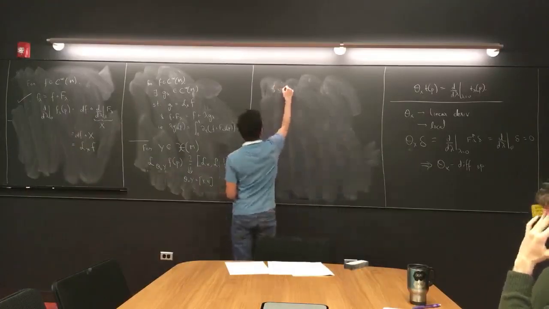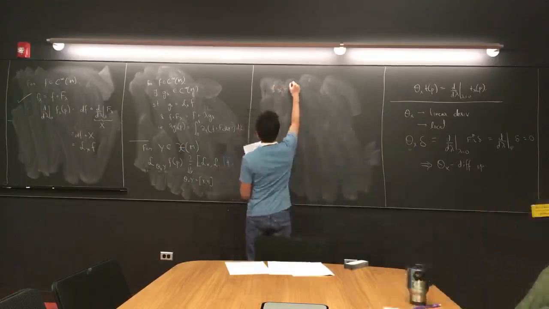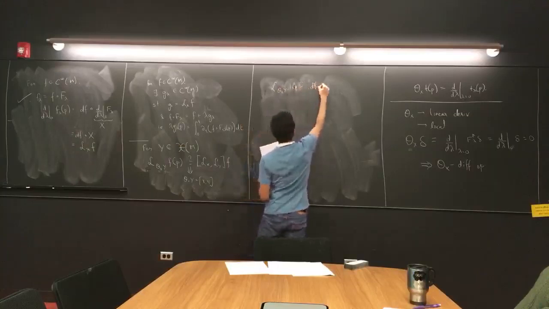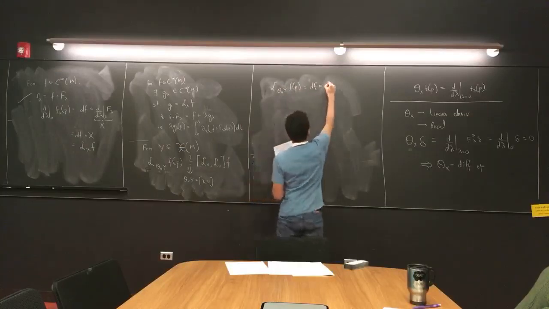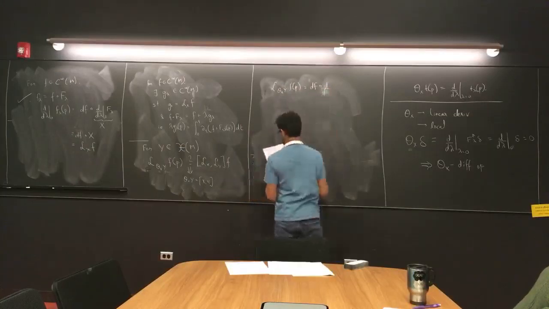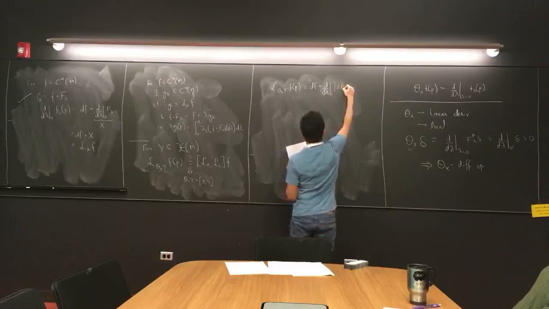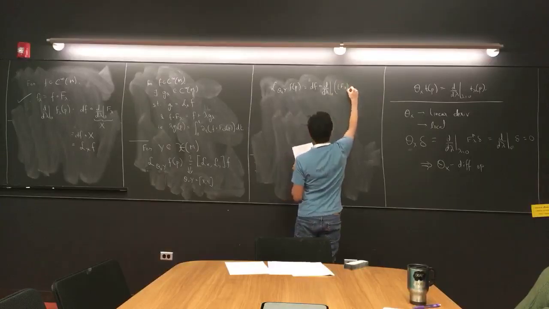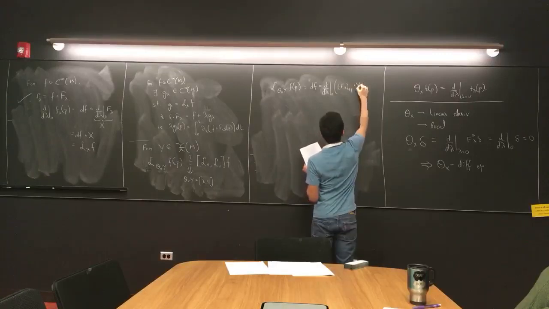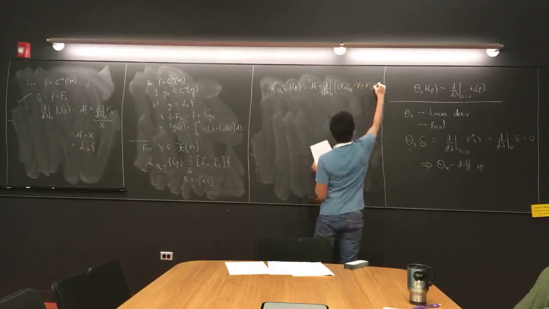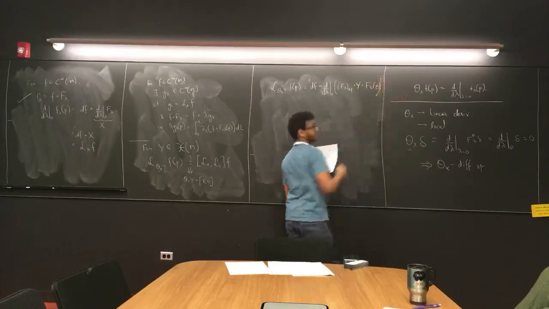L theta x y acting on f of p is equal to df composed with d by d lambda at lambda equals 0 of f minus lambda, the inverse flow, pushed forward at p, composed with y evaluated at f lambda of p, just by that definition.